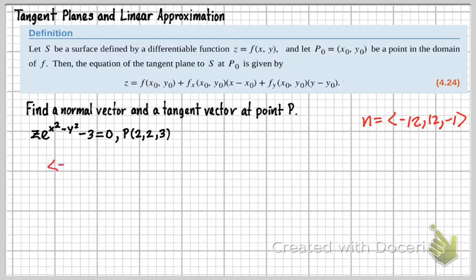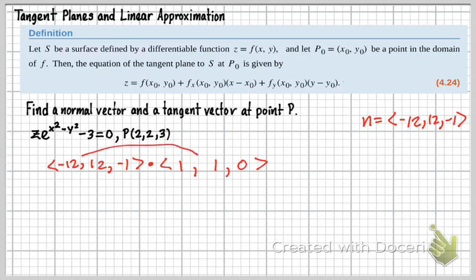So for that n, I got negative 12, negative 12, negative 1, dotted with, let's see, I can put a 1 here, I could put a negative 1 here, and I could put a 0 there. Oh, hang on, did I do that wrong? Yes, I did. Actually, make that a positive 1. Now it works. Because I understand what dot product does, it multiplies component-wise, and then I add them.